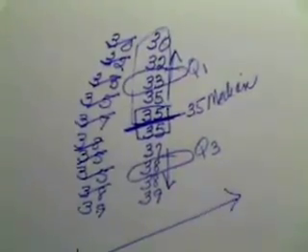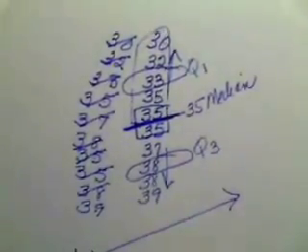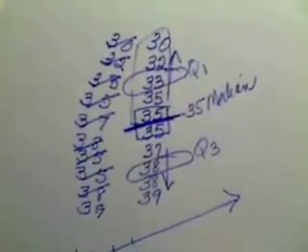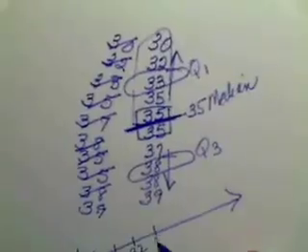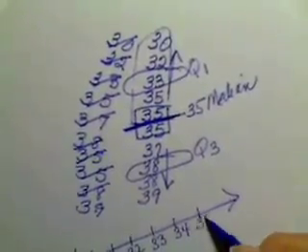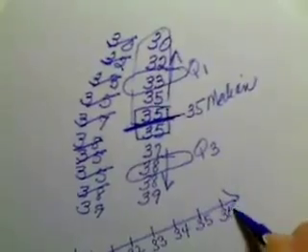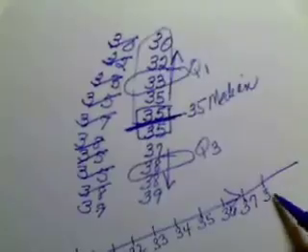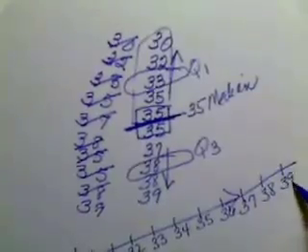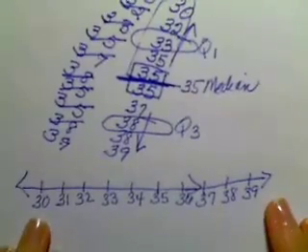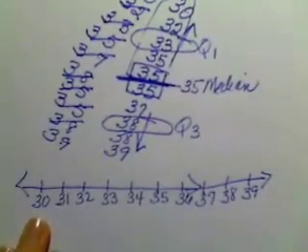I make a number line, and I'm dealing with the numbers 30 to 39, so I have the numbers 30 through 39 on the number line.